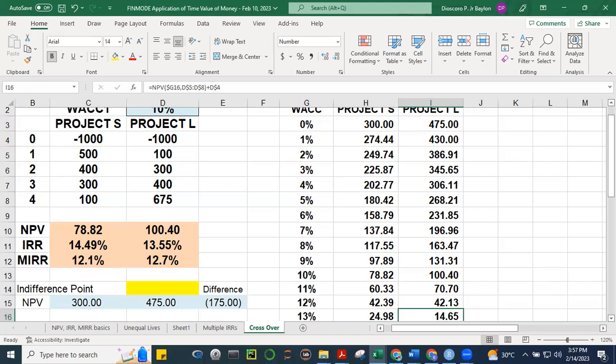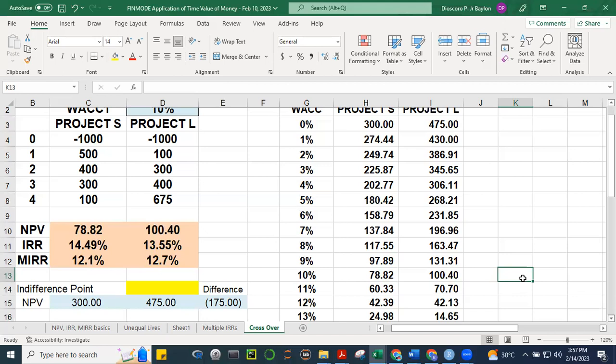Hello, class. NPV nila will be what? Kailan okay lang sa atin either project S or project L? Guys, it's not even a finance question. It's an elementary question.